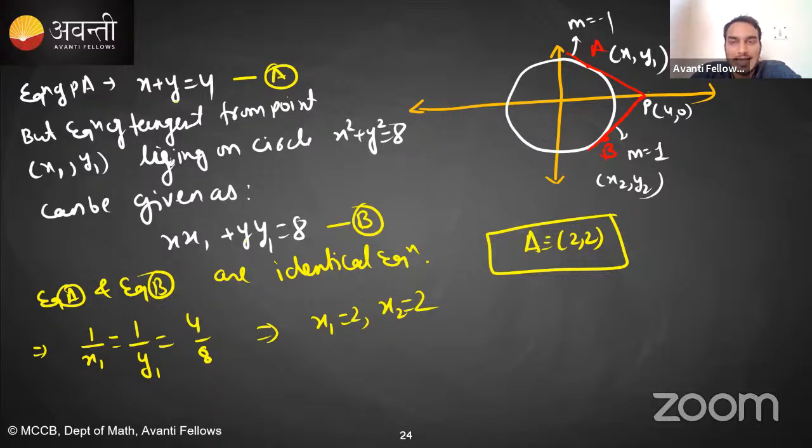So using the transformation, write the equation, and this equation of the tangent and the tangent equation that we have already found should be identical. So that's why the ratio of the coefficients of x, y and constant should be equal. Now, similarly, you can find the point of contact for B also, right?